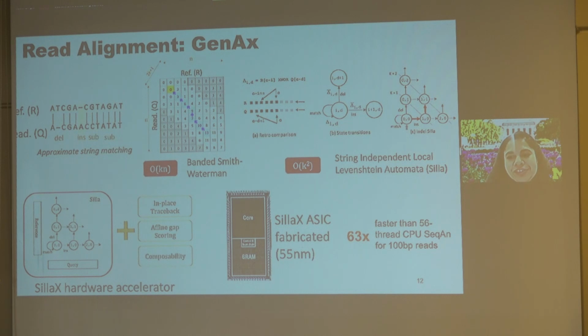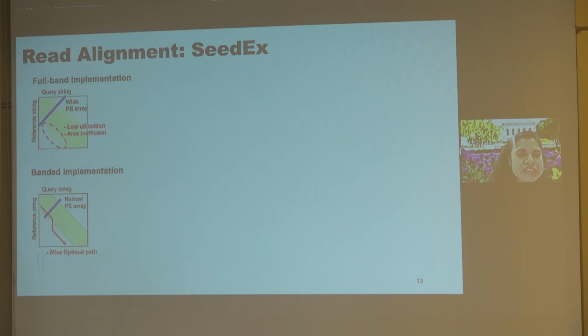After building GenAx, what we realized was that this order of k-square can be very expensive in terms of area. That motivated our next work, which was SeGraM, with a slightly different design. The whole idea was to go with a banded implementation with just a PE which can process the wavefront of the dynamic programming problem we're trying to solve with the alignment.